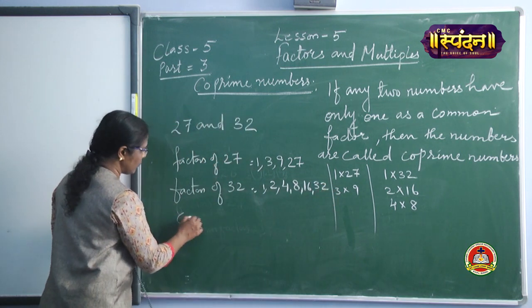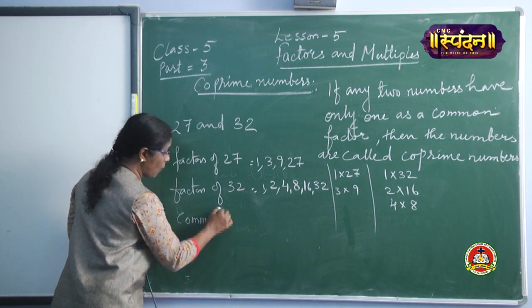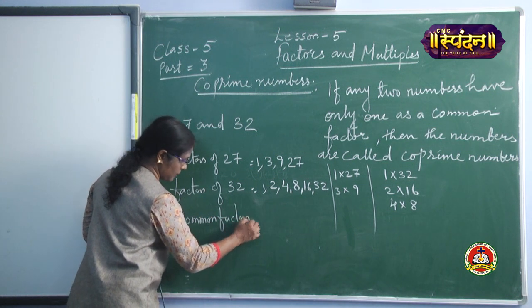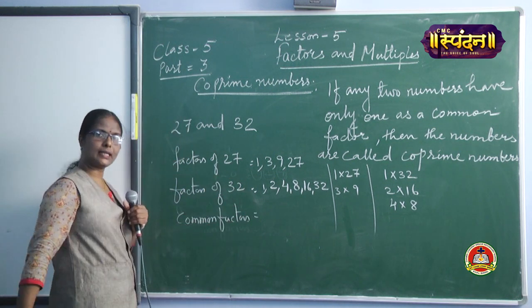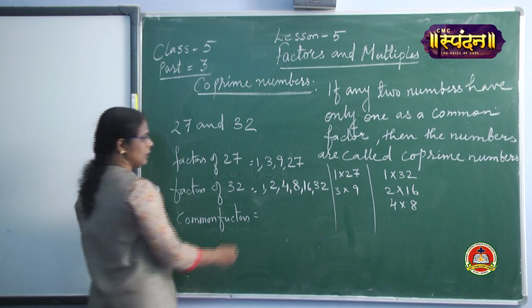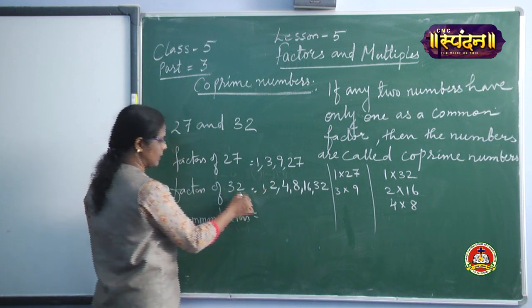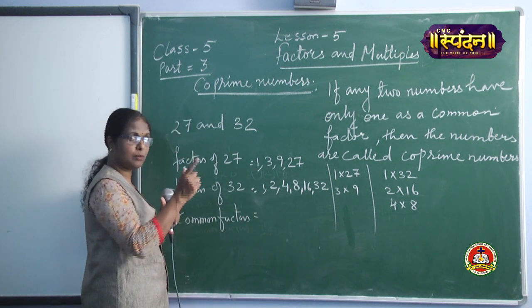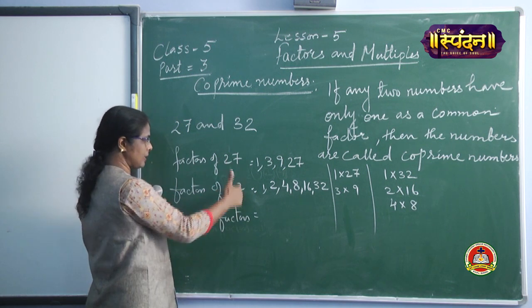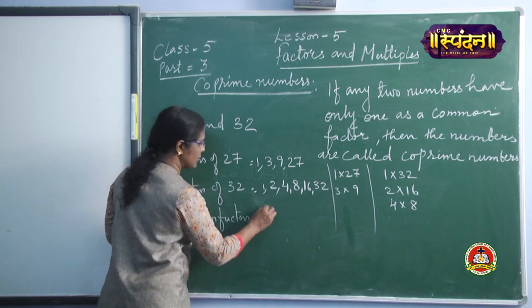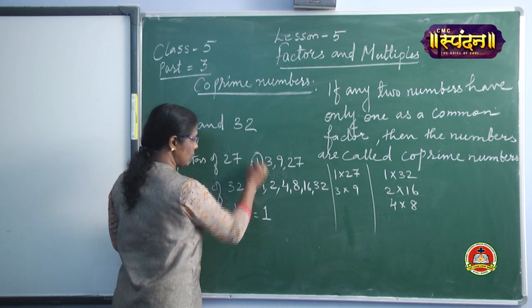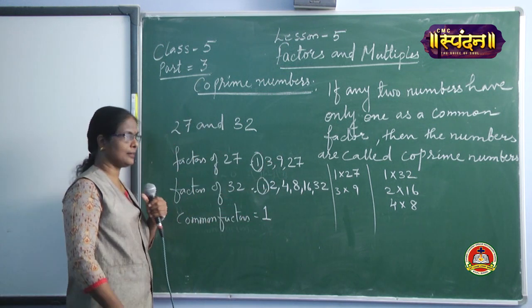Now here we are going to find the common factors of 27 and 32. The number which is present in both the factors of 27 as well as 32 is 1. Other than 1, do you find any other common factor here?